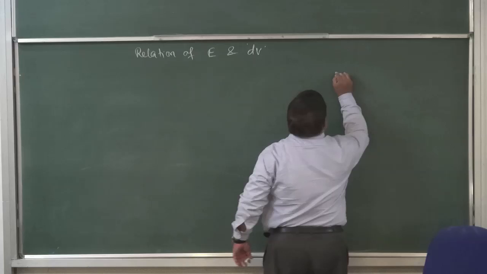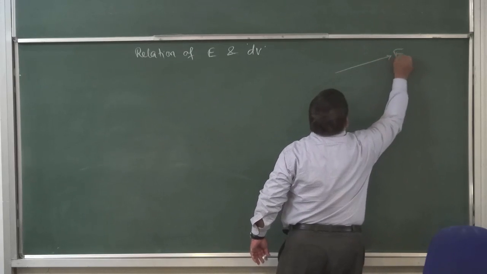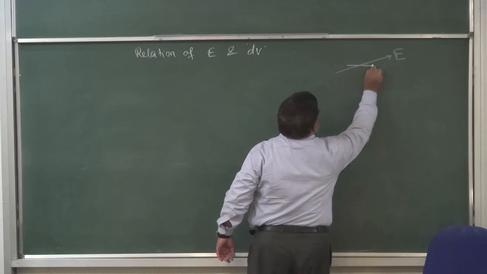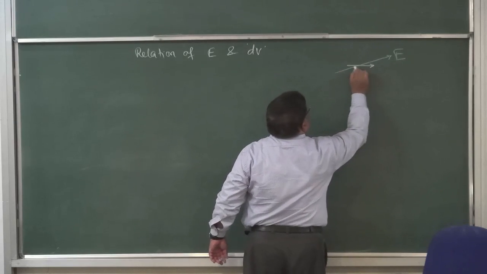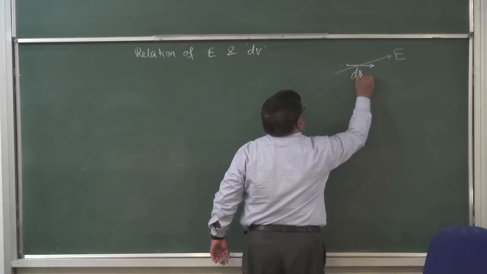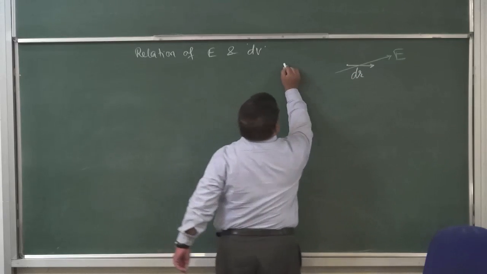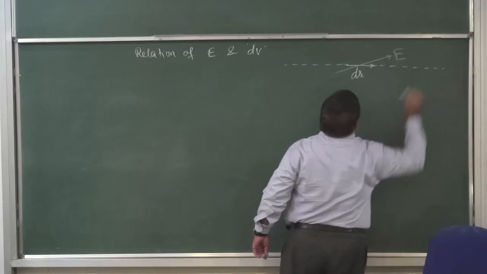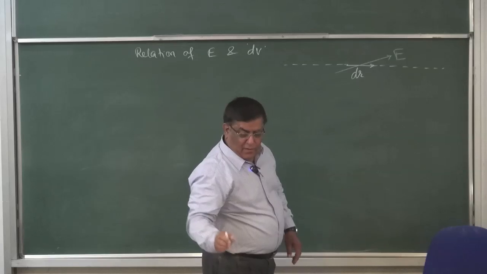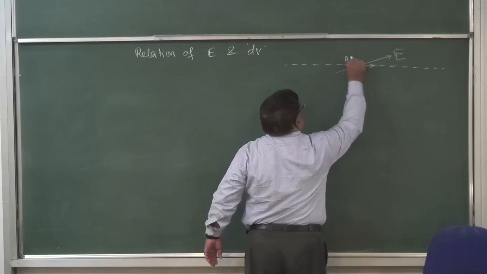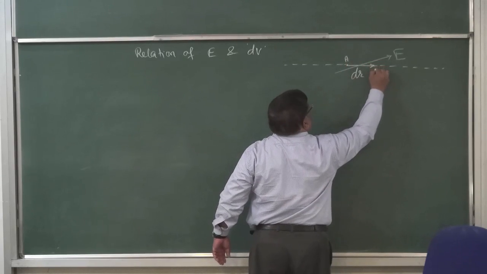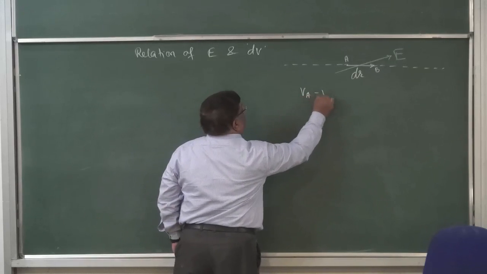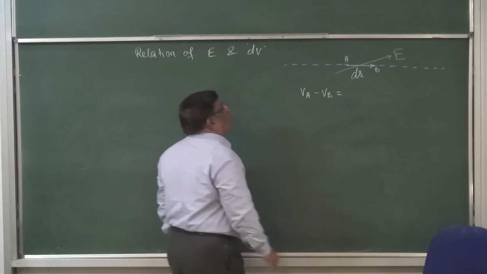At any location, this is the direction of the electric field, and this is the direction of R. This is dr. Now, this point is A, this point is B. VA minus VB. VA minus VB is equal to how much?